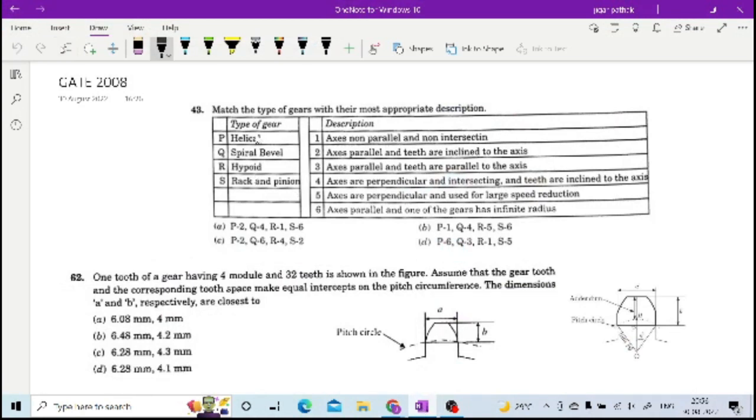Would it be B? Sorry. P1, Q4, R5, S6. Helical is not there for non-parallel, non-intersecting, na? Oh. Right. Yes, sir. Right.